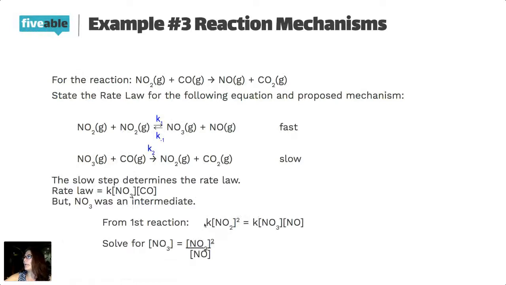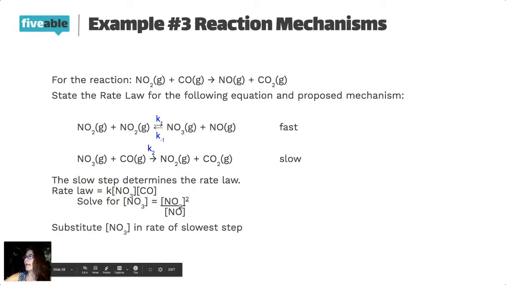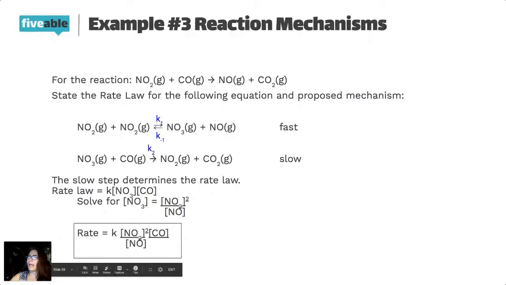So now we can substitute for NO3, and I just omitted the K since at the end it's the same, since it's a constant. So I'm just going to divide by passing this one dividing. And now I can substitute NO3 in the rate of the slowest step. And that's how I will get this rate.